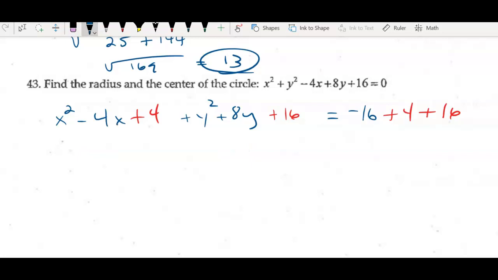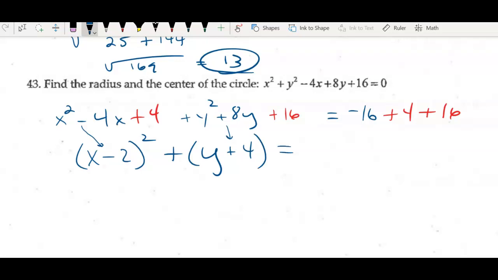Oh, this is x minus, because this is minus, so notice the sign comes down. And what's the square root of 4? 2. y plus, and what's the square root of 16? 4.